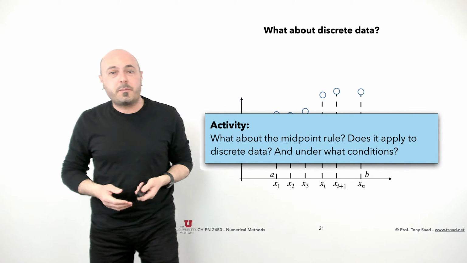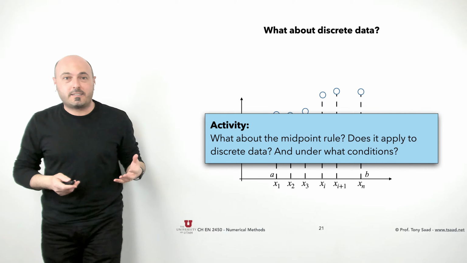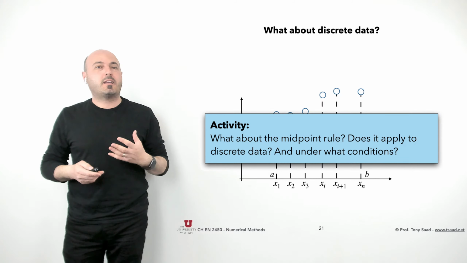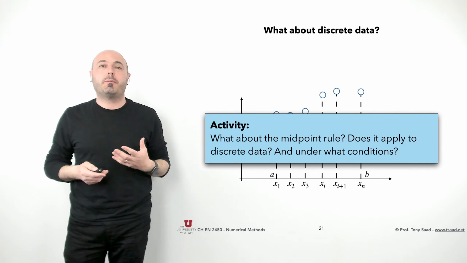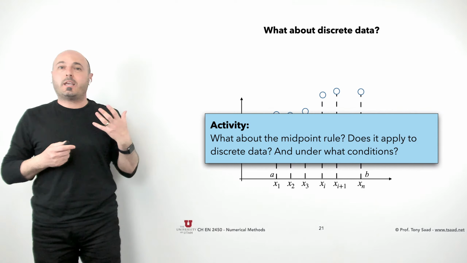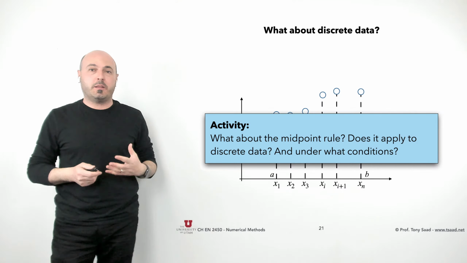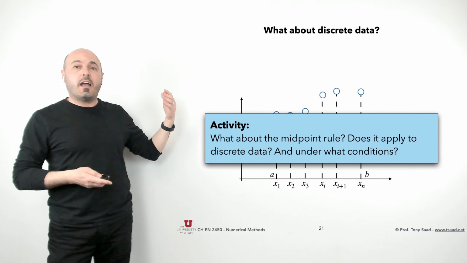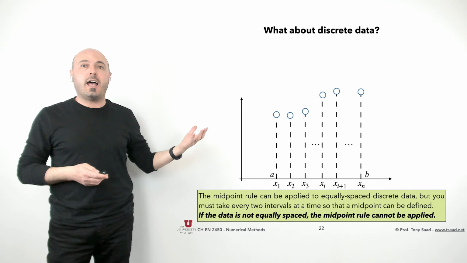All right. So the midpoint rule, like Sydney and Emily said, can be problematic for discrete data because we cannot always define a point in the middle. If the data is equally spaced, then you take every other point and treat that as your midpoint.